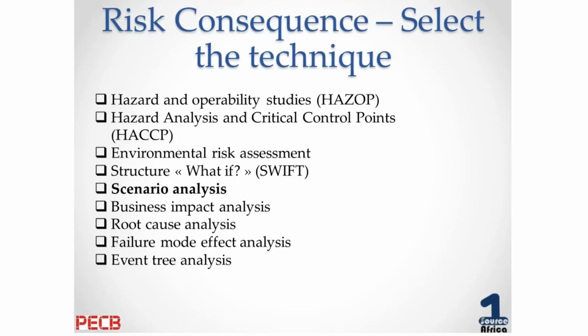There's a couple of tools that we can utilize for that, which is the HAZOP method, HACCP, the environmental risk assessment, structured what-if analysis as well, scenario analysis or business impact analysis, which goes a lot into business continuity management. Root cause analysis, failure mode and effect, once again, I can use FMEAs for that, or event tree analysis.